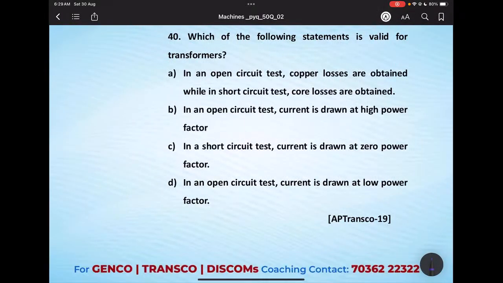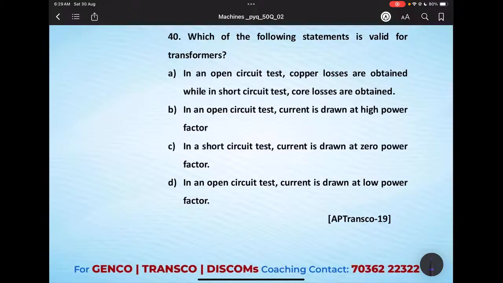The next question is about which of the following statements is valid for transformers. We need to look into the different options and validate whether these statements are correct or not. First option: in an open circuit test copper losses are obtained, while in short circuit test core losses are obtained.